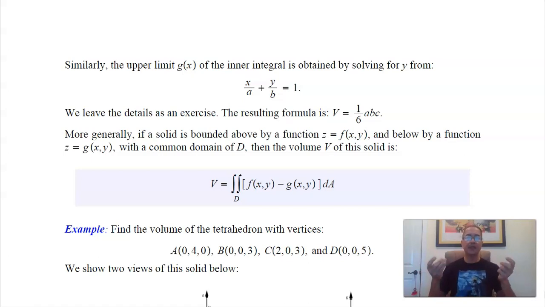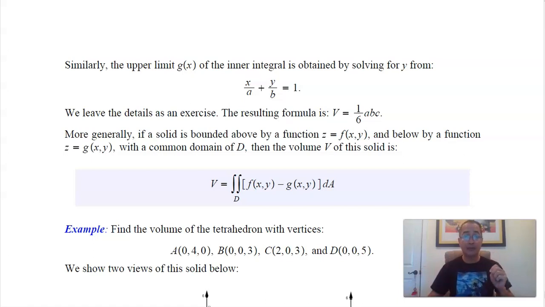You might have the same common domain, but you have 2 surfaces. Both of them are above that common domain, but you have a surface which is entirely below a second surface, and you want to find the volume of the solid which is between them, having that shared common footprint.